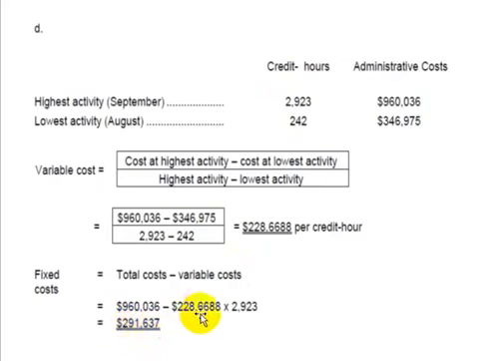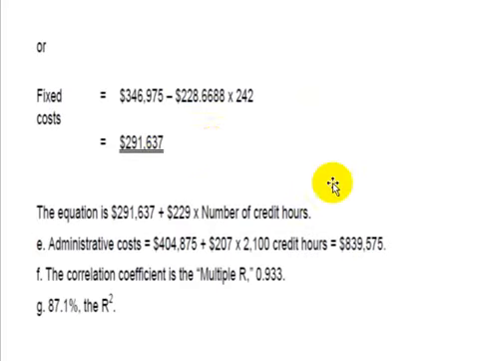So we have total fixed cost equal to 291,637. If we use the lowest activity, the total cost, 346,975 minus B times credit hours 242, equals the same amount, 291,637.